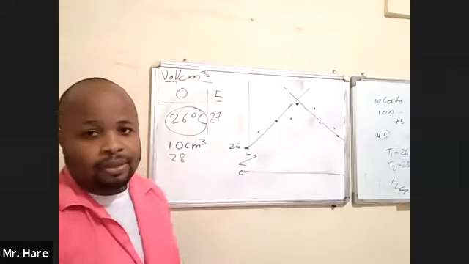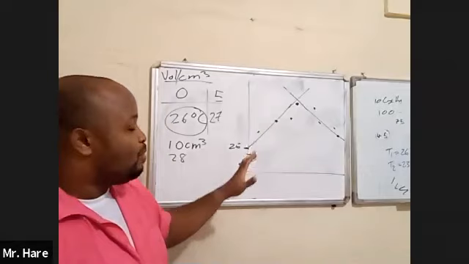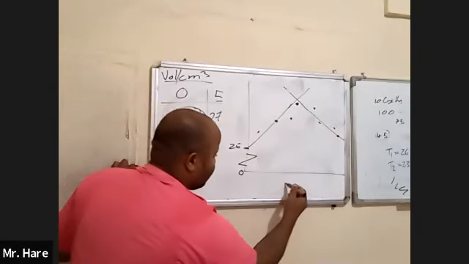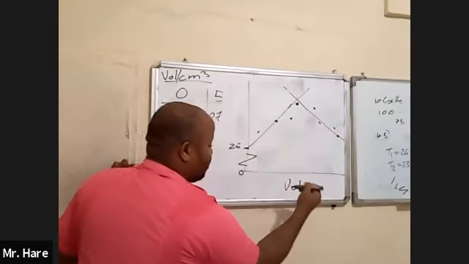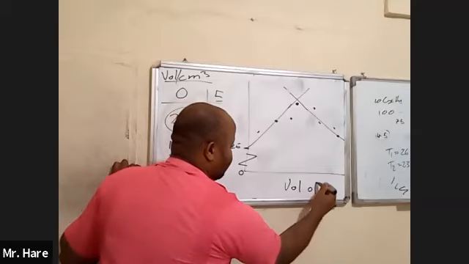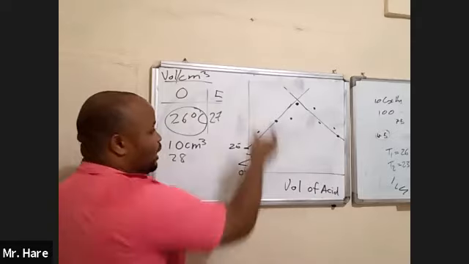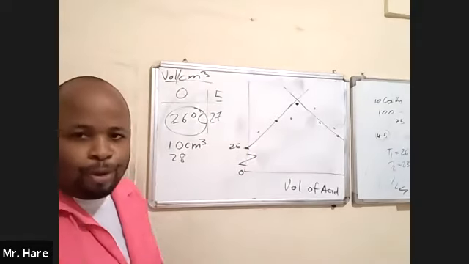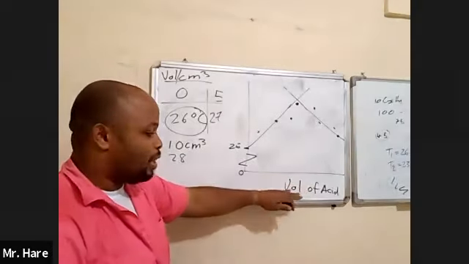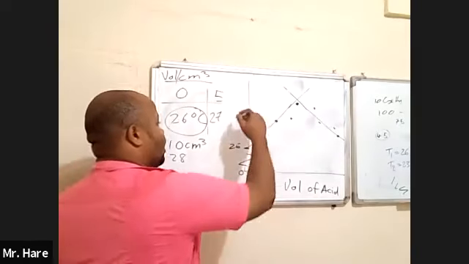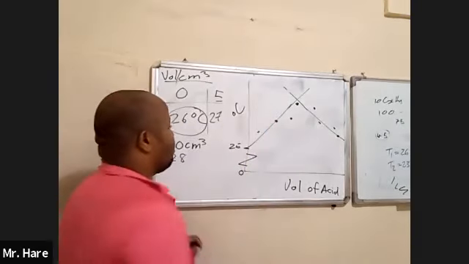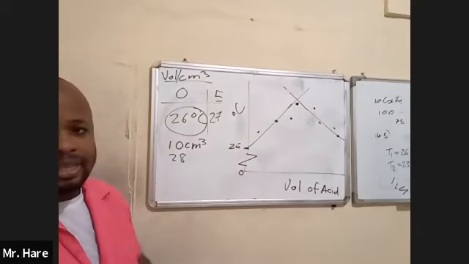All right? Now, when you plot a graph, remember on this axis, you will have the volume of acid or the base, whichever was in the burette. So whatever is in the burette, that is what is plotted on the graph. And you will have the temperature readings on the y-axis.